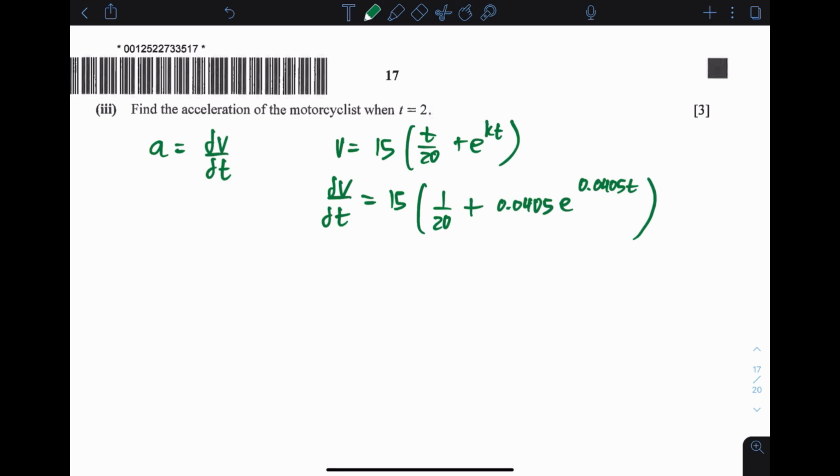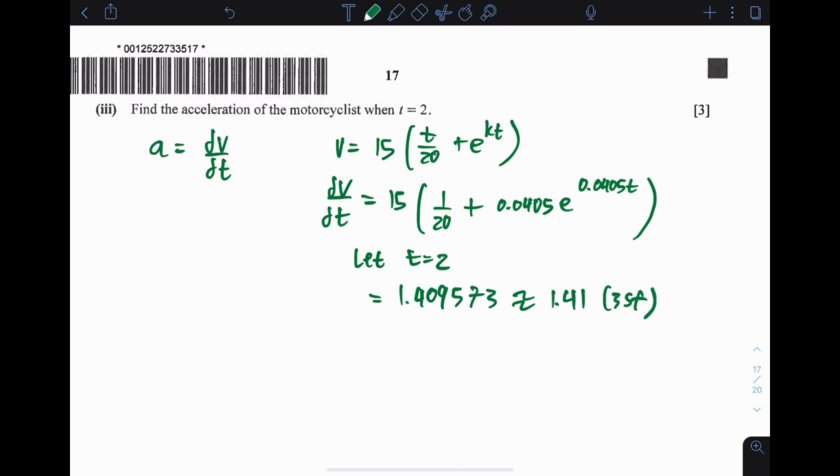Yeah, this is our acceleration. And then let t equals 2, and just press calculator. That will give you somewhere around 1.40957. Or just approximately put into 3SF, 1.41. I think this would be good enough.